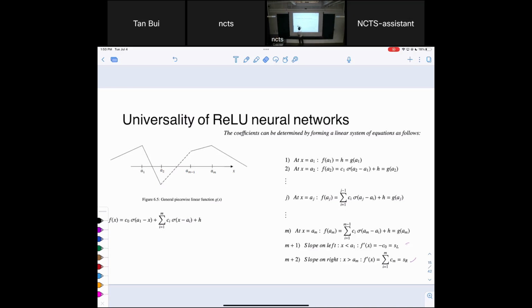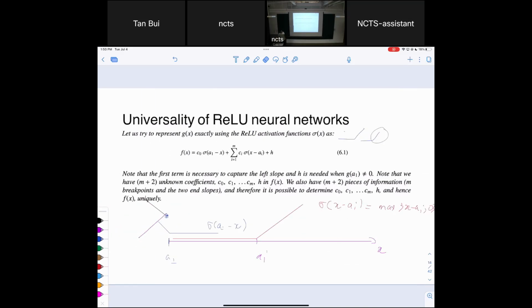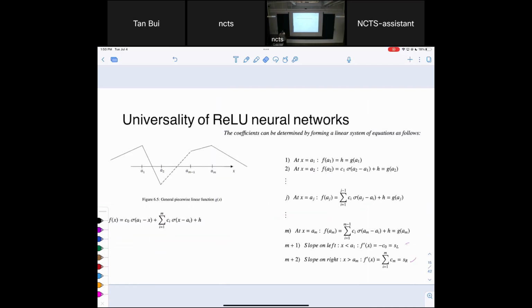Now look at x equal to a2. What is f of a2? What happened to the term sigma of a1 minus a2? Remember this function looks like this. It is 0. That's why you don't see this term here.